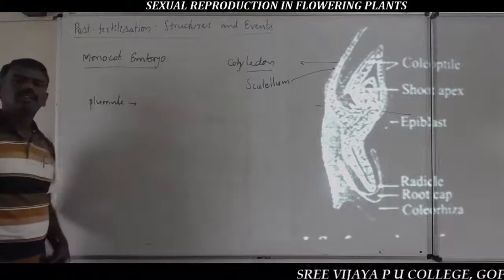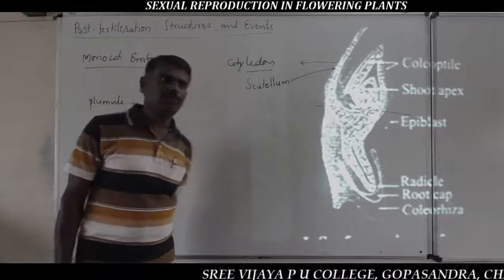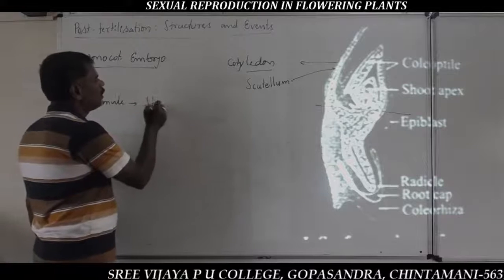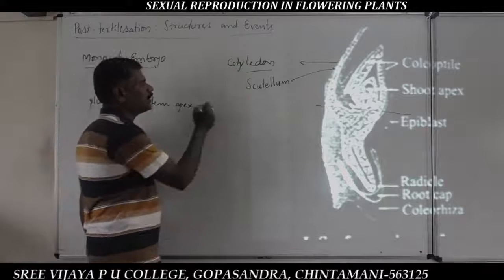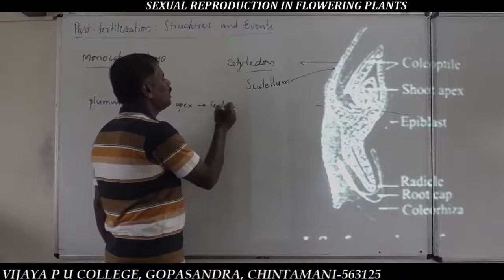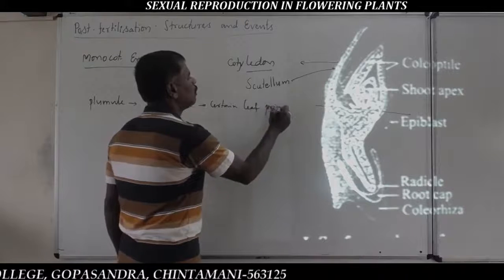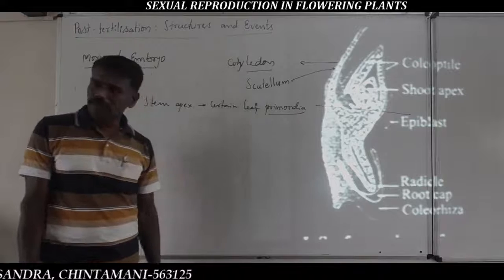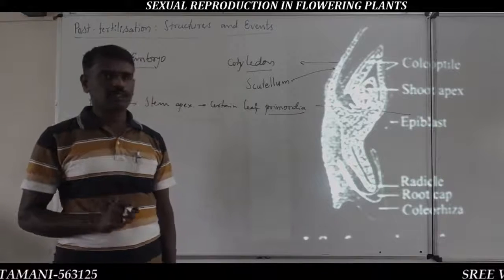Above the origin of the cotyledon is the plumule, the stem apex. The stem apex consists of certain leaf primordia. Primordia are nothing but very young leaves.